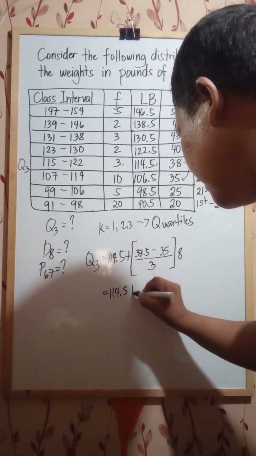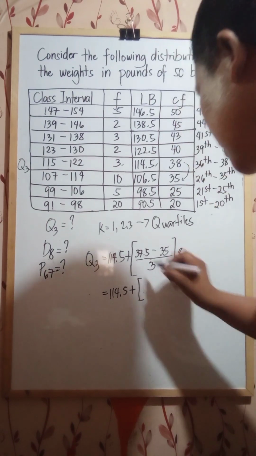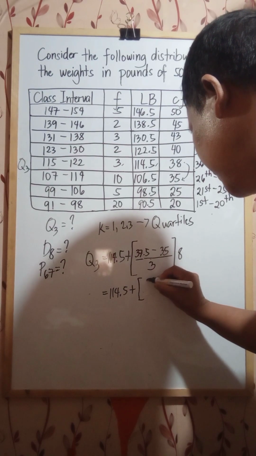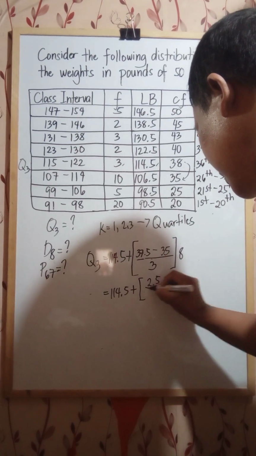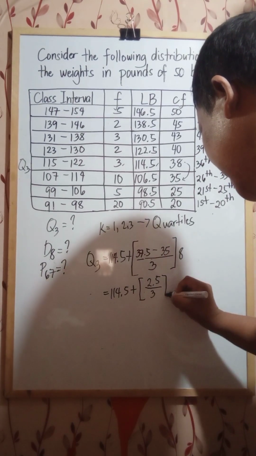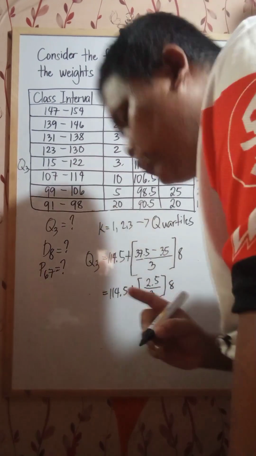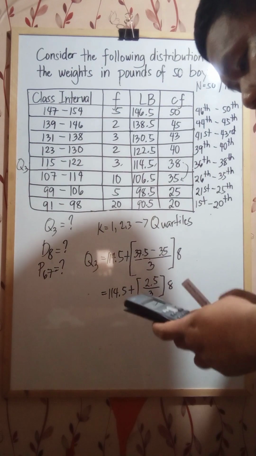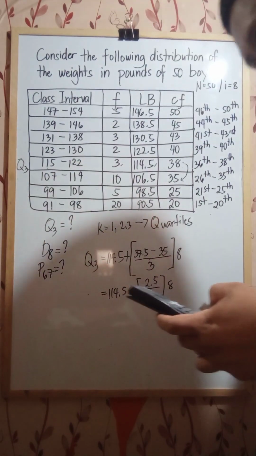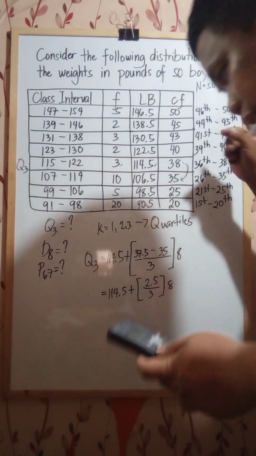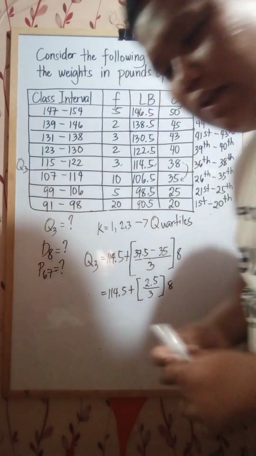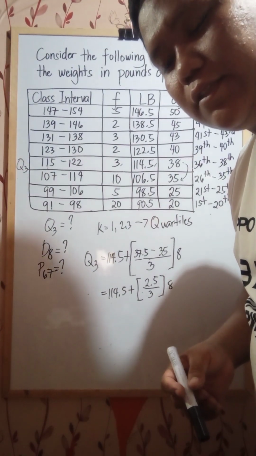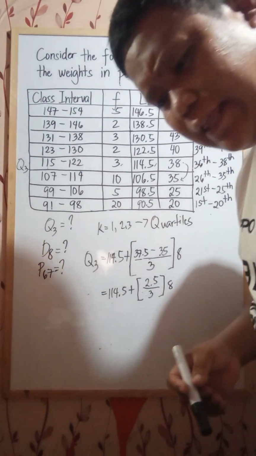So that equals 114.5 plus 37.5 minus 35, that is 2.5, then over 3 times 8. So we divide 2.5 by 3. 2.5 divided by 3 is 0.83333. The decimal is very long, so I'm going to round off this decimal number to the nearest thousandths.